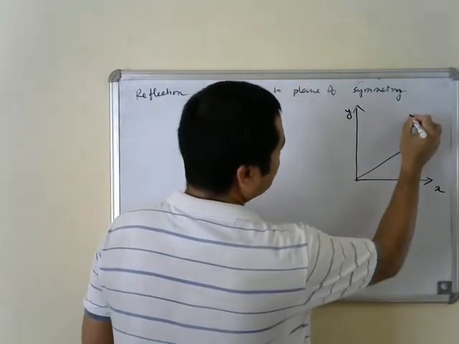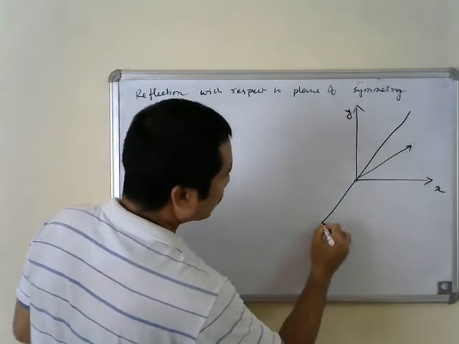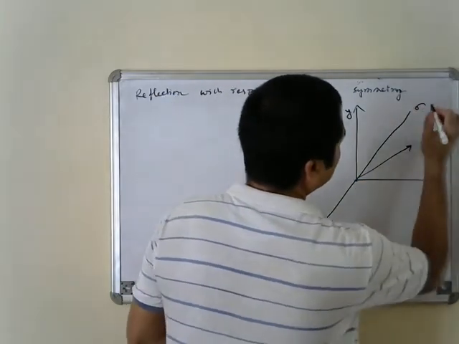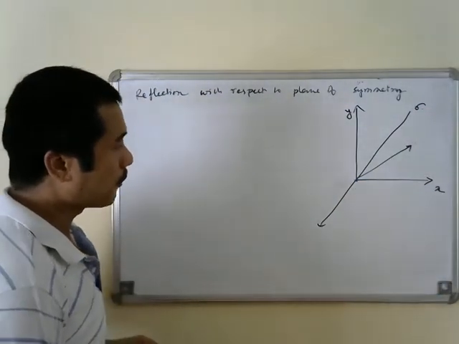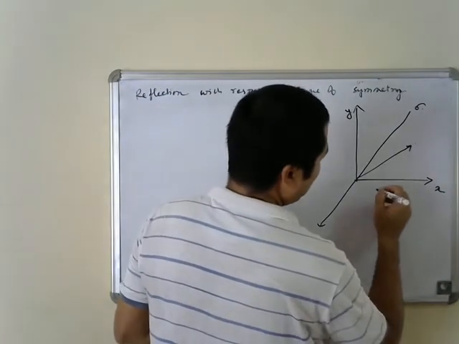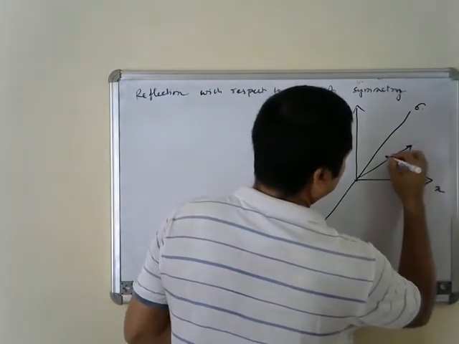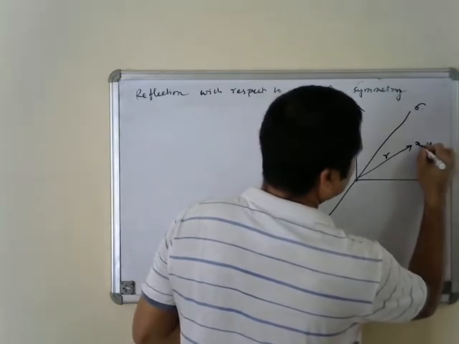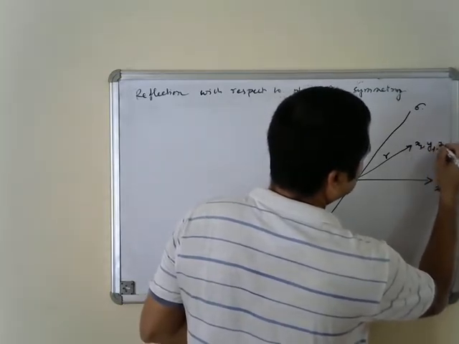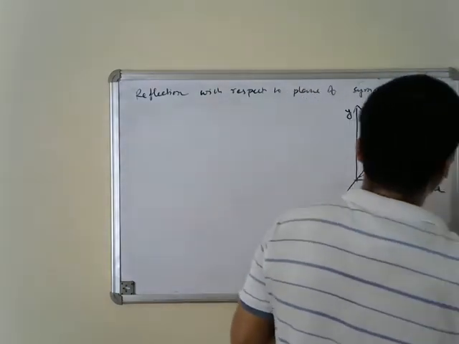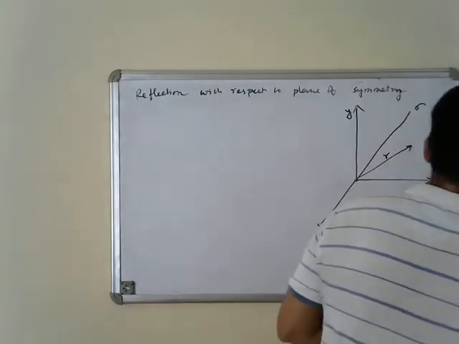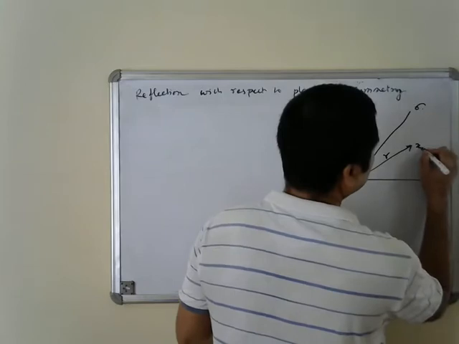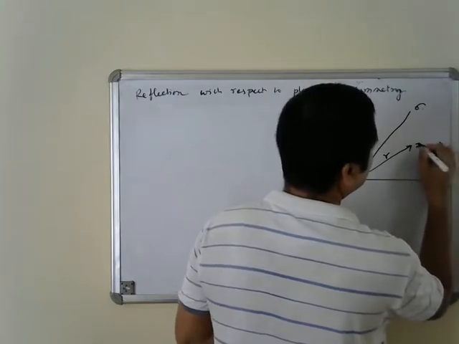Let us assume that this is the vertical plane of symmetry for which we want to find the matrix representation. This is the reference vector with coordinates x1, y1. For us, only two coordinates are required. Z is going to remain z.